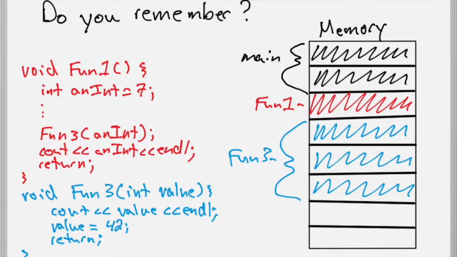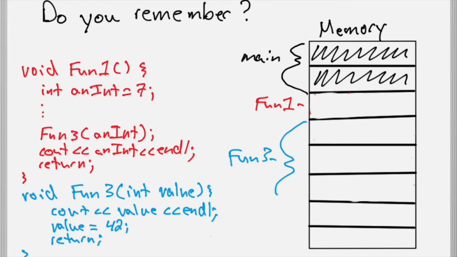Now again, notice that the parameter int value in the definition for fun3 is a pass-by-value parameter, so there's actually a local variable called value that gets initialized to the value of the argument when the function is called. Let's clear up our memory diagram and make it reflect these specific functions a little better. Obviously, fun3 is not using a ton more memory than fun1, so I modified this to reflect that.